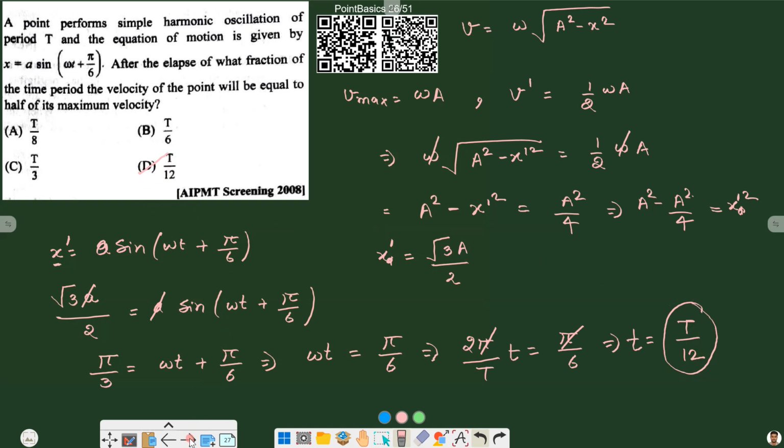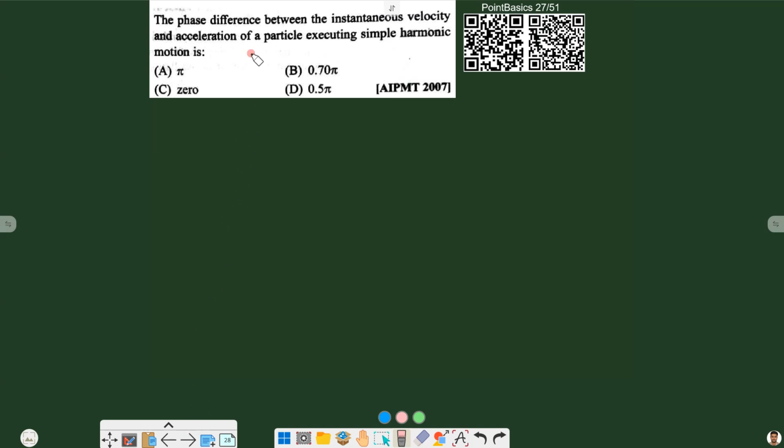Moving to next question. The phase difference between instantaneous velocity and acceleration of a particle executing SHM. So we have to find the phase difference between velocity and acceleration. We will take the basic equation x is equal to a sine omega t.